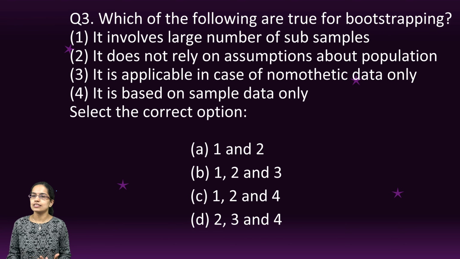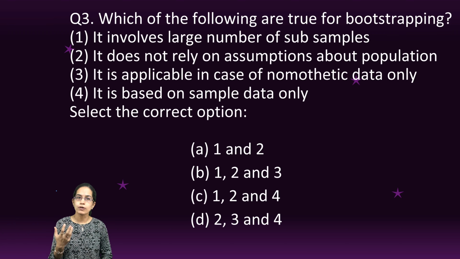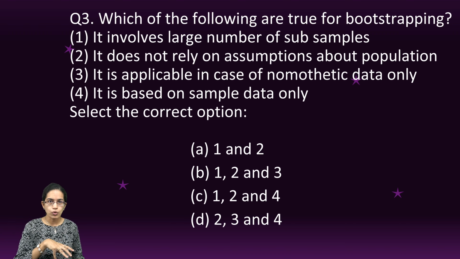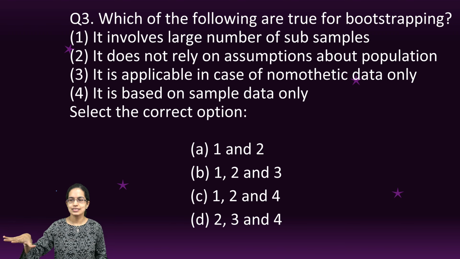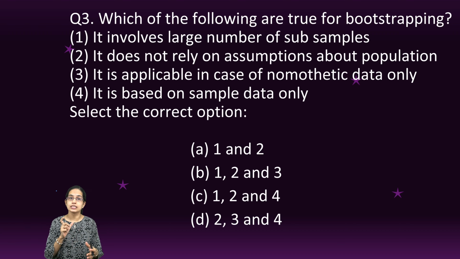Okay, the next is which of the following is true for bootstrapping. When we talk about bootstrapping in statistics, we are relying on a random sampling method. Now if you want to know more about sampling, we have covered that in a separate lecture, so you can understand that in detail. But yes, bootstrapping basically focuses on accuracies in measurement.